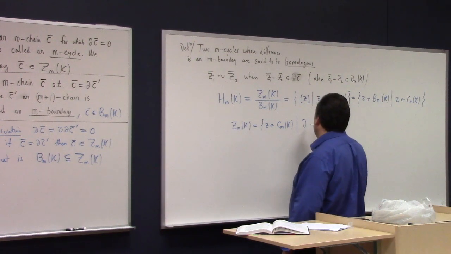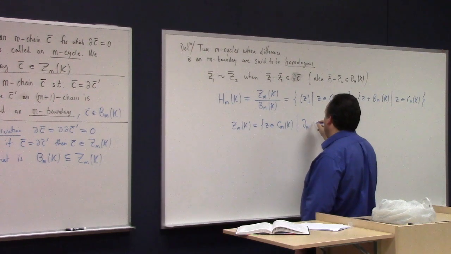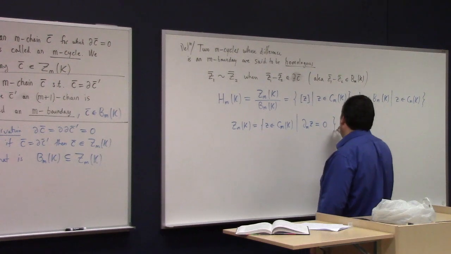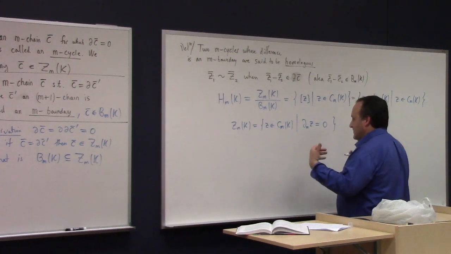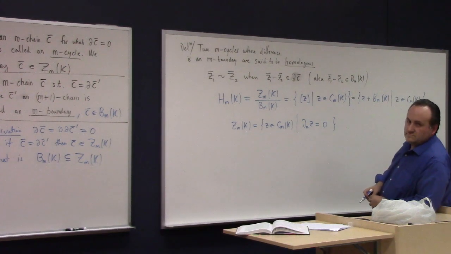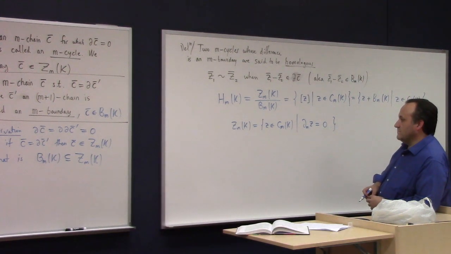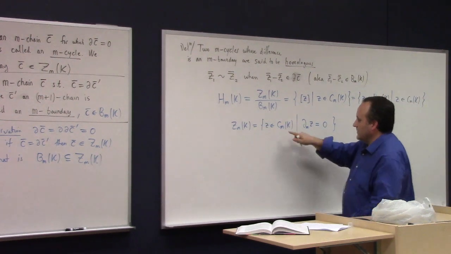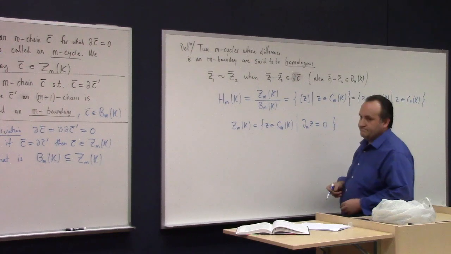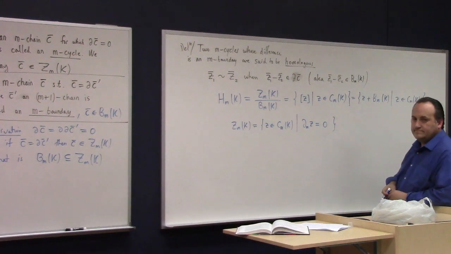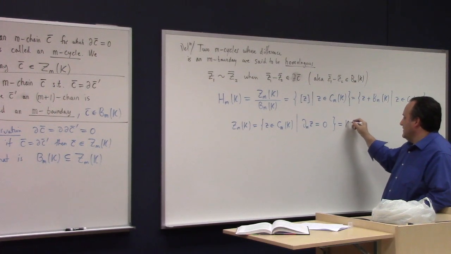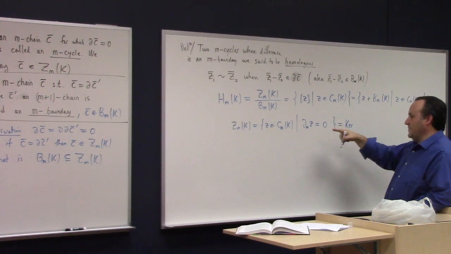The mth boundary map acting on Z equals 0. Can you recognize what this is? What is this in terms of like Math 321? Kernel, yes. It is the kernel, and is this a linear map?